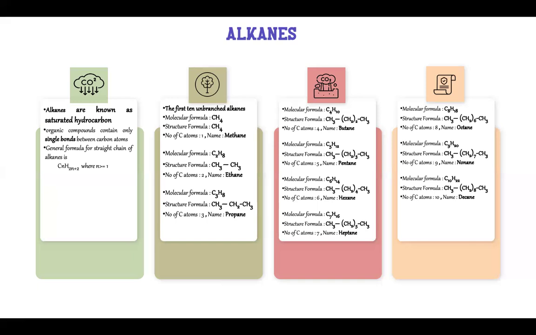And then we have nonane, with 9 carbon atoms, molecular formula C9H20, and structural formula CH3-(CH2)7-CH3. And finally, we have decane. The number of carbon atoms is 10. The molecular formula is C10H22, and the structural formula is CH3-(CH2)8-CH3.